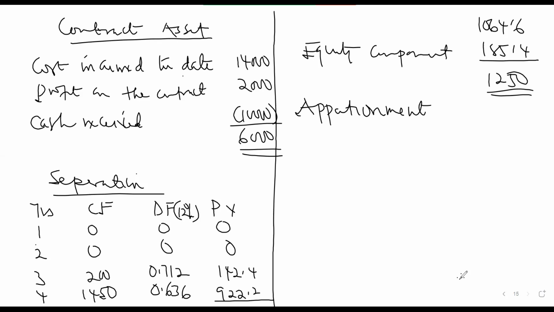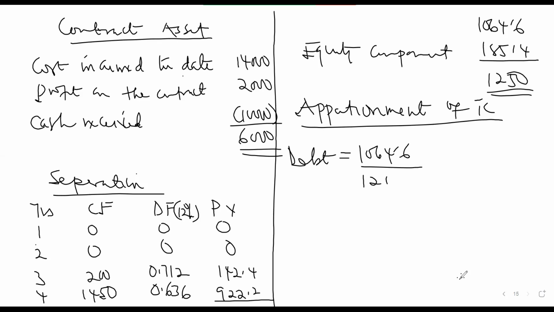Okay, let's now come to the apportionment of the transaction cost. The transaction cost will be apportioned based on their fair value. So debt will be having 164.6 divided by 1250 multiplied by 50 million. Equity will be having 185.4 divided by 1250 times 50.